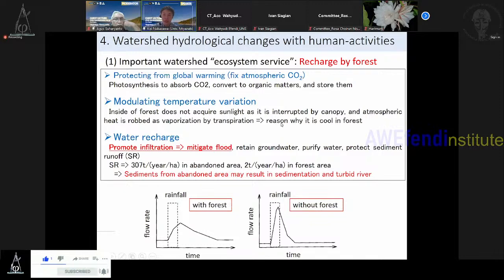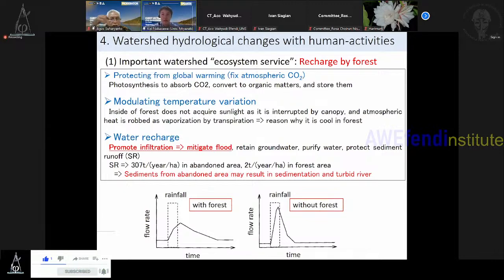So these two phenomena are the reason why it is cool inside the forest. So the third one is the most important and most related ecosystem service of forest in this lecture, water recharge.